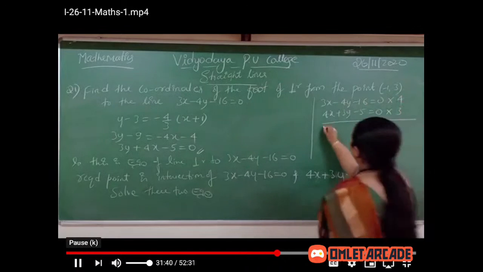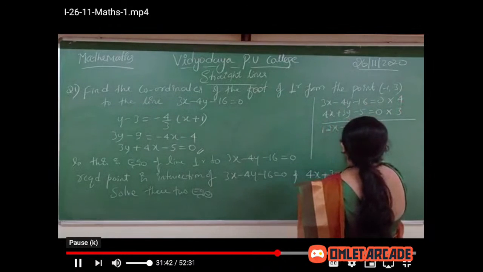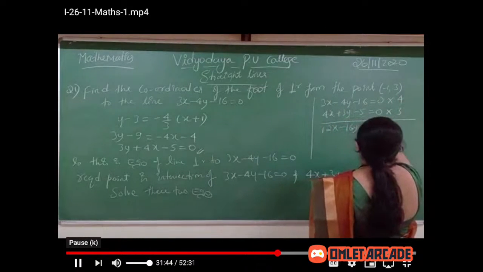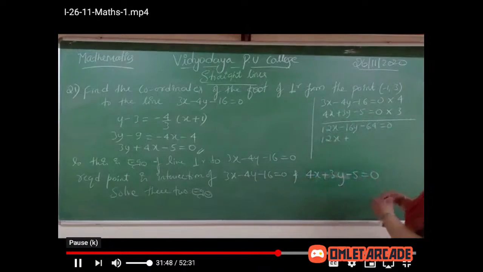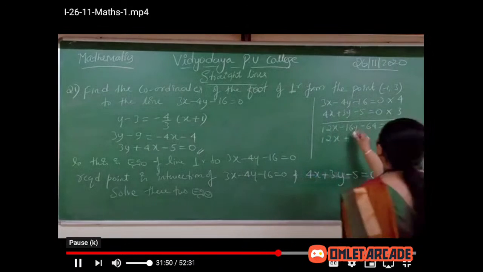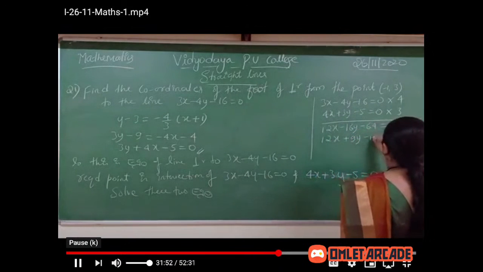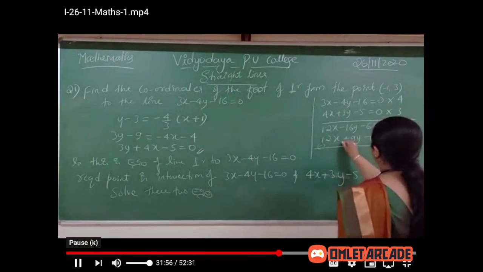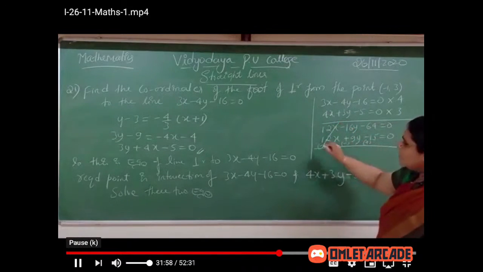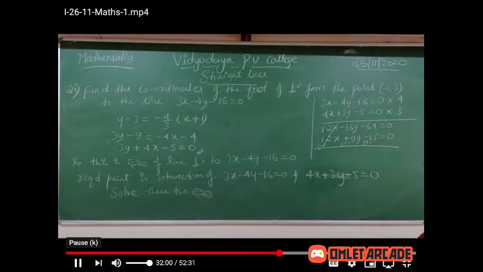4 into 3. It will be 12x minus 16y minus 64 is equal to 0. 12x. I am making the two equations with a common coefficient. And when you solve this, negative becomes positive. See, 12x gets cancelled.